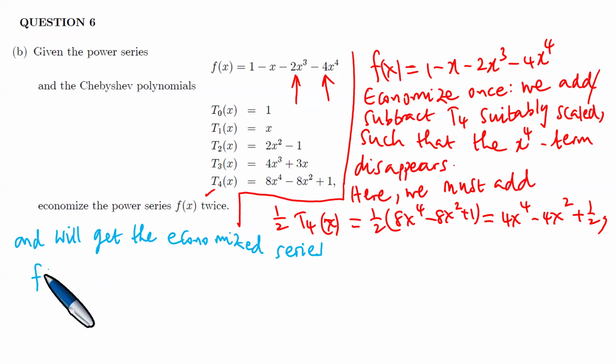F star of X. What would F star of X be? We can see that if you have this one and we have 4x to the fourth power and this, you add them up, the x to the fourth power is going to disappear. So you have f of x.